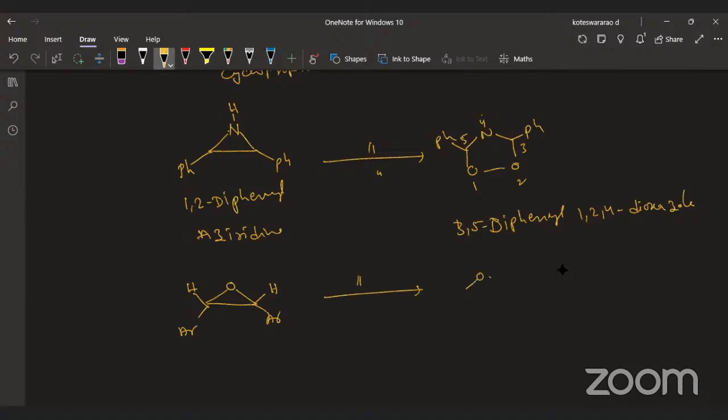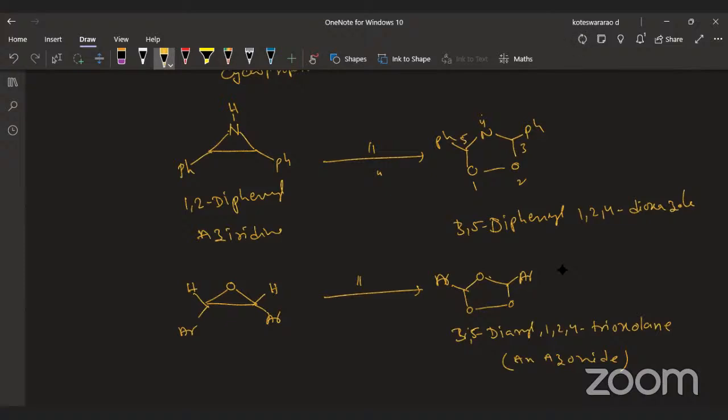It leads to the formation of this kind of product, 3,5-diaryl-1,2,4-trioxolane. It is also known as an ozonide derivative. It is also called ozonide.